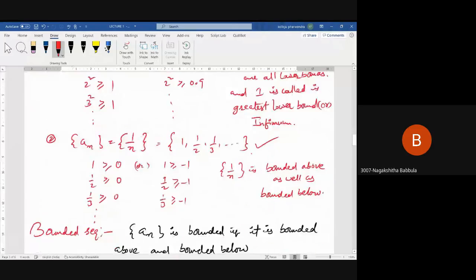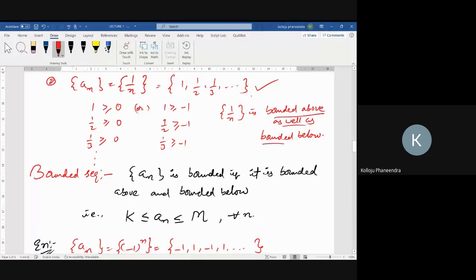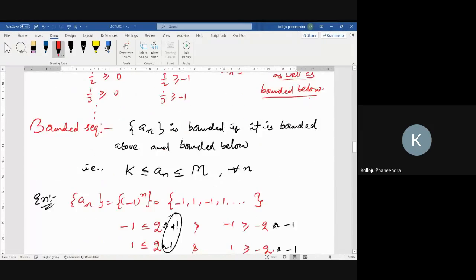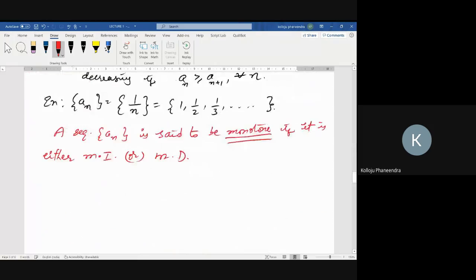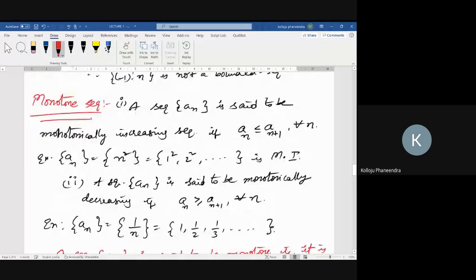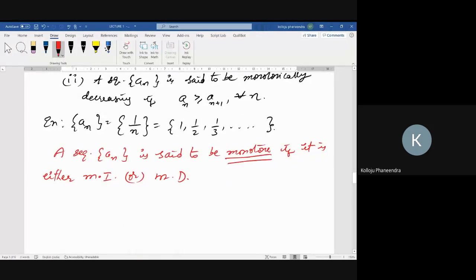As well as bounded above and bounded below. Okay, I will stop here. In the next class, I will tell the concept of limit and convergent, divergent sequence and oscillating sequence.